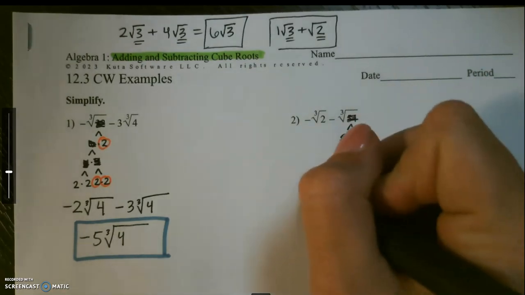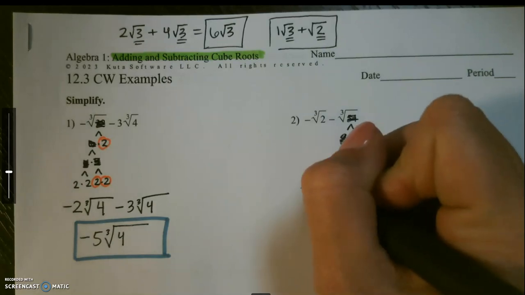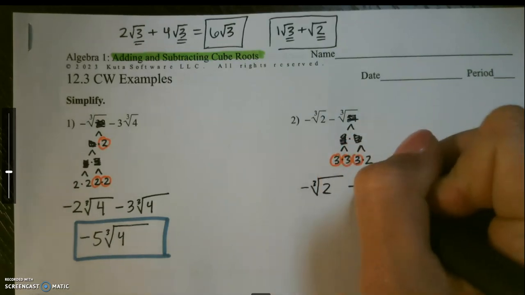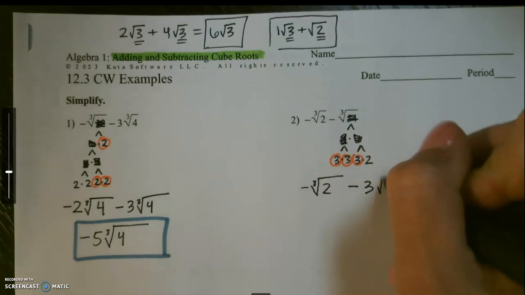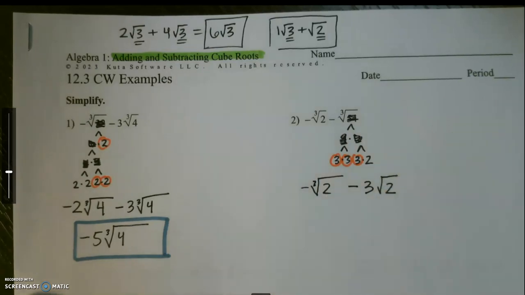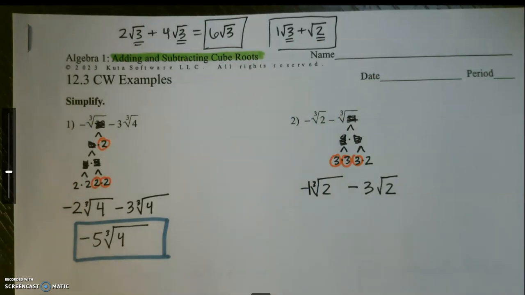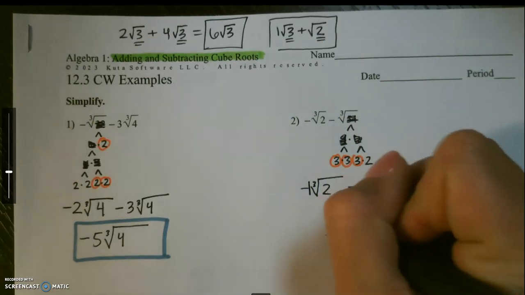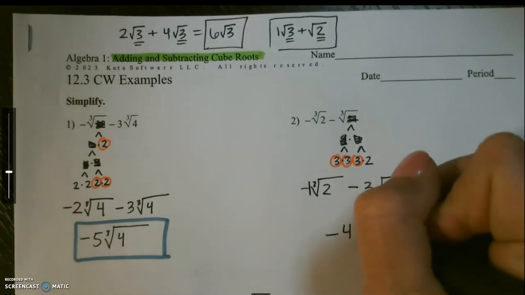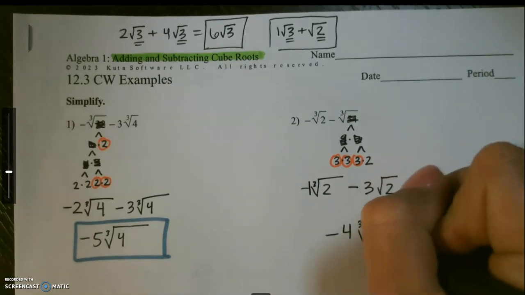So I'll pull that to the outside. Let's bring down the first term. Minus, pull the 3 out, and you just have a 2 left underneath. Technically, this is a negative 1 written in front of here. So it's negative 1 minus 3. So that would give us negative 4 as our coefficient.